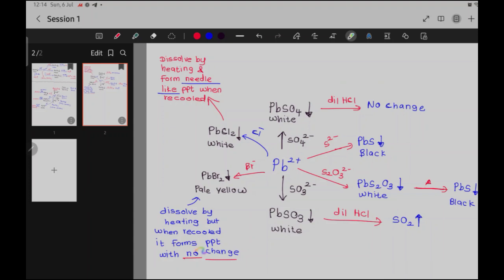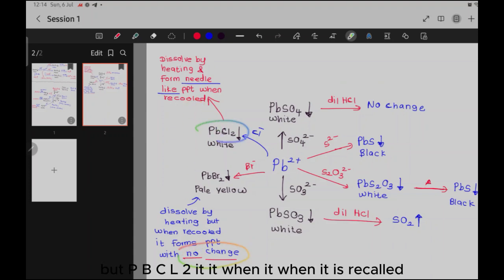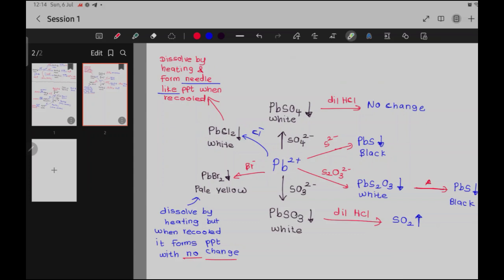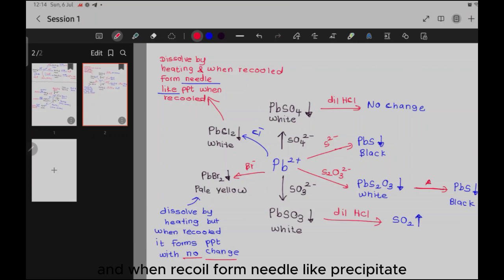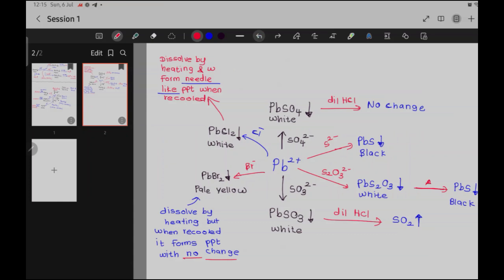So again, PbBr2, if you heat it, it dissolves, and when you recool, it forms a precipitate with no change. But PbCl2, I have missed the word recooled, I think. Dissolved by heating and recooled, when recooled it forms needle-like precipitate.